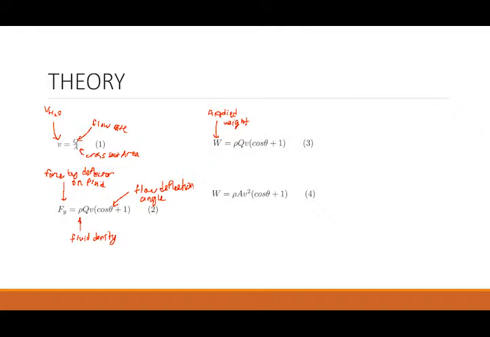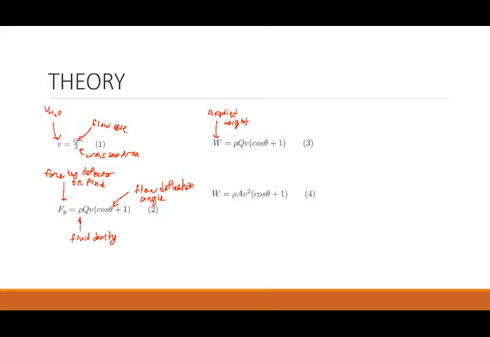Now, when we apply the momentum equation to a control volume encompassing the deflected flow, this results in the second equation, which is Fy equals rho Q V (cos theta + 1), where Fy is the force by the deflector on the fluid, rho is the fluid density, Q, as mentioned before, is the flow rate, and theta is the flow deflection angle.